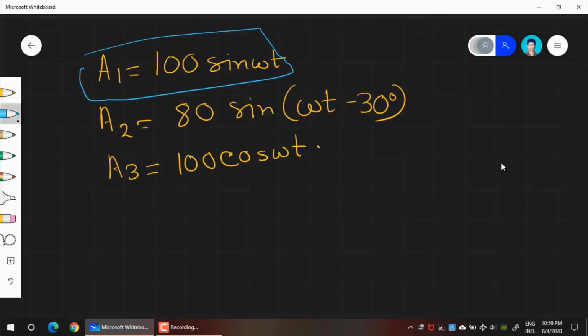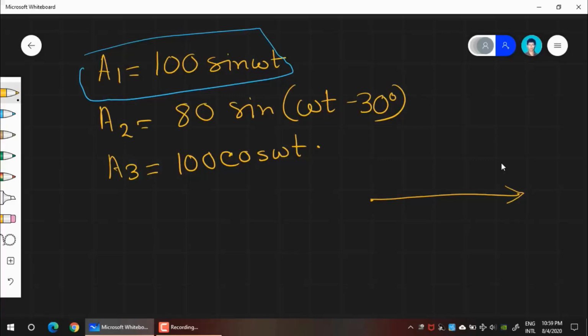So if you select any one as your reference signal, then it is customary to place this one, like a1 equals 100 sine omega t, you should draw it like this. And the magnitude of this phasor should be 100 by root 2, the RMS value of this sine. Fine.